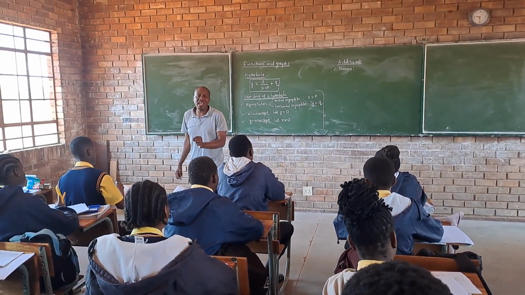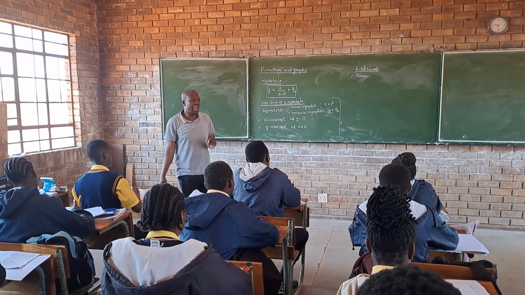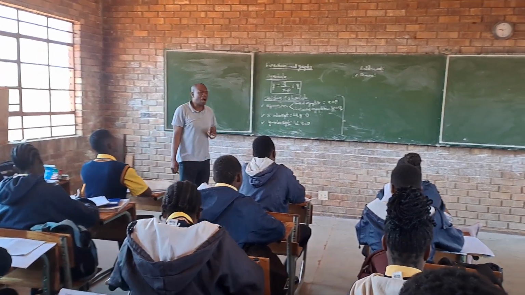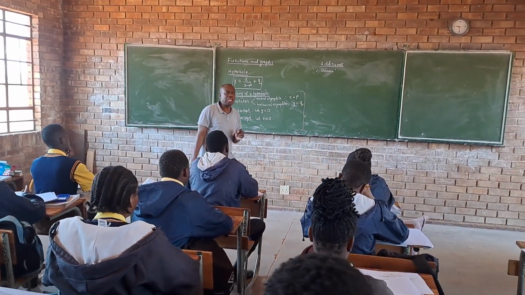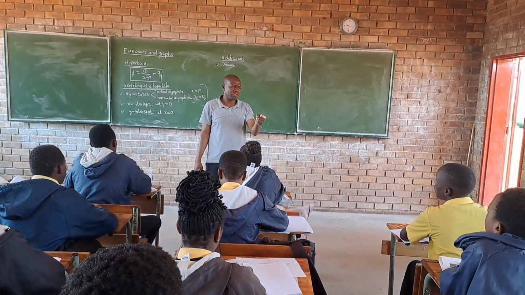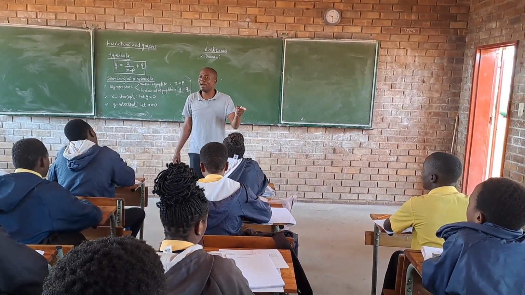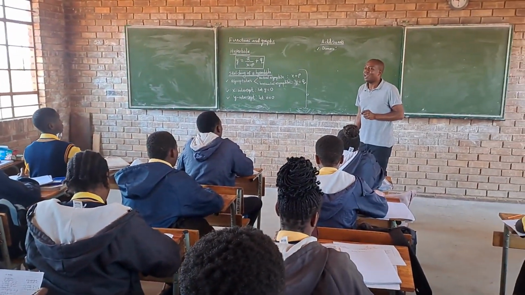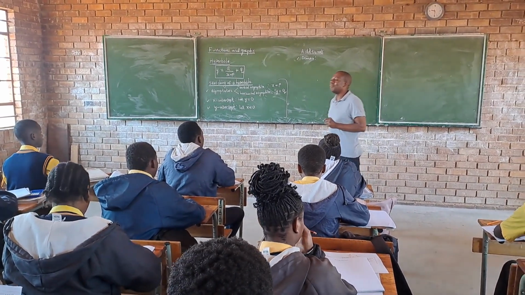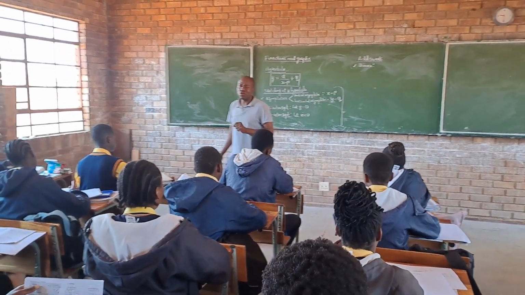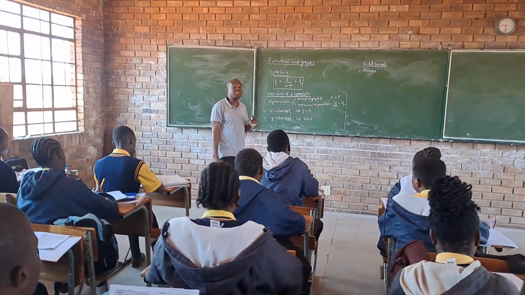Remember, the domain is the set of x values where the graph exists. How do we determine the domain of a hyperbola? What are the conditions? x is an element of the real numbers, but x should not be equal to p. So we only restrict the asymptotes.